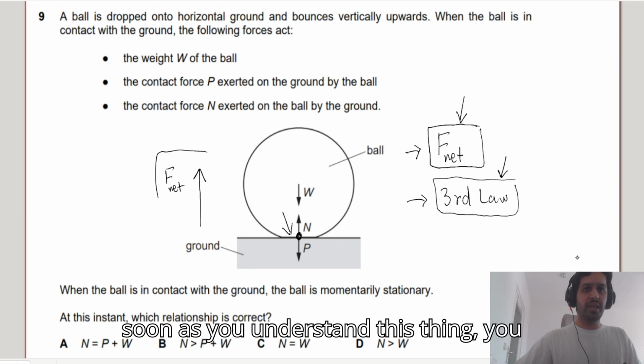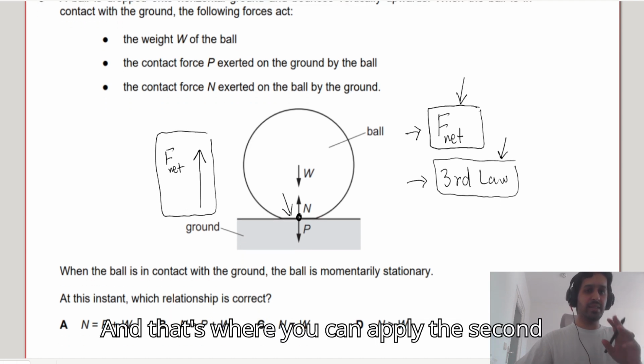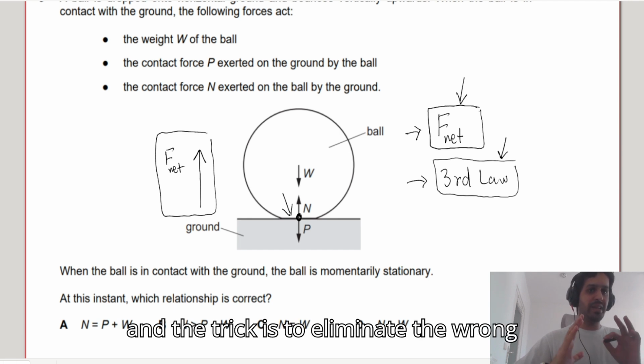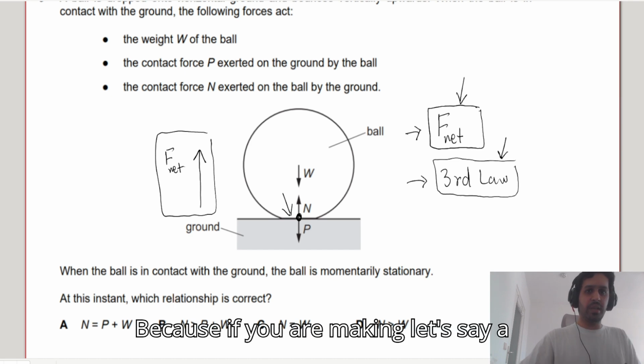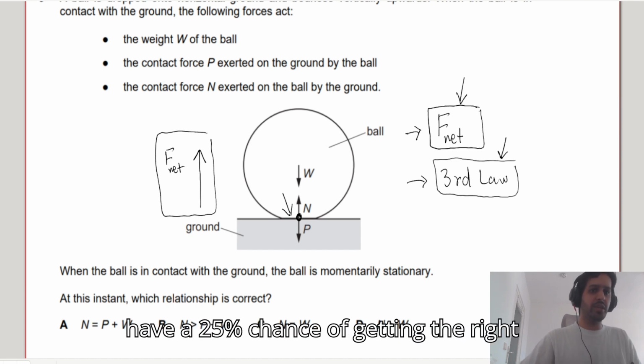As soon as you understand this, you can look at the options, and that's where you can apply the second technique for multiple choice questions. The trick is to eliminate the wrong answers. If you're making a wild guess between 4 options, you have a 25% chance of getting the right answer.